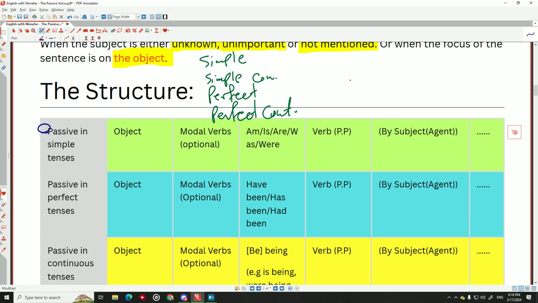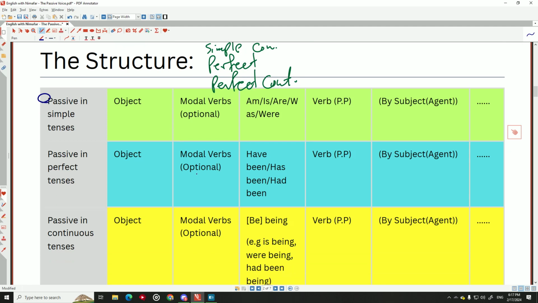For example, my car was stolen, so somebody stole my car, so my car. Then you can use a modal verb. It's optional, totally up to you. If you think you need a modal verb, use it. Here we consider not using it. Then you use am, is, are for present, was, were for the past, and for future we use will be.